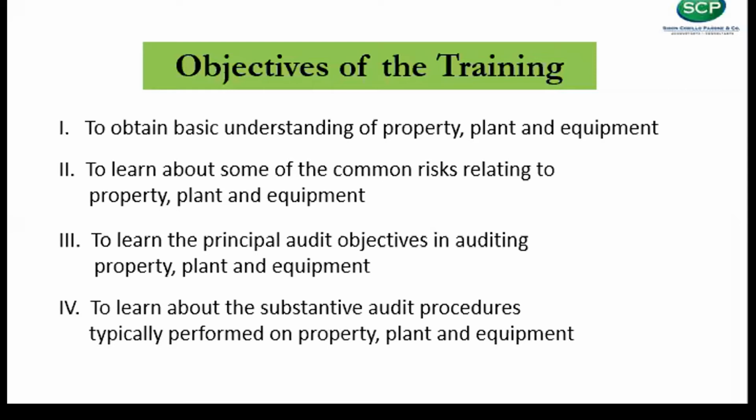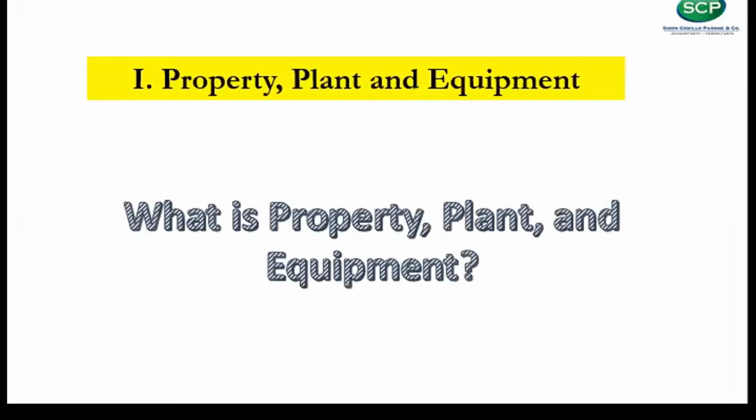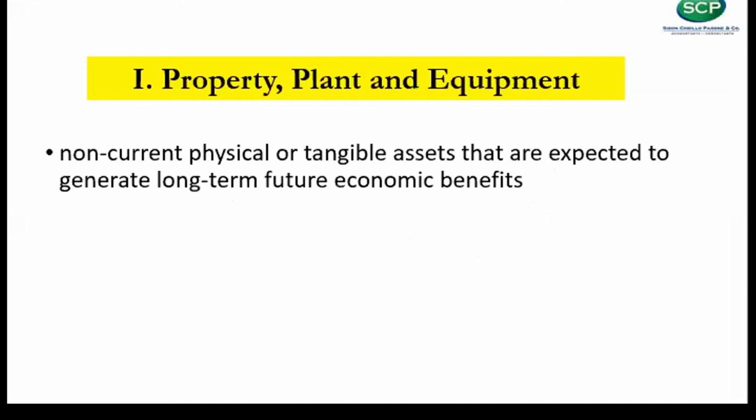So, what is property, plant, and equipment? Property, plant, and equipment are non-current physical or tangible assets that are expected to generate long-term future economic benefits for a company or organization. They are also more commonly known as fixed assets because they are not easy to liquidate and be converted into cash.